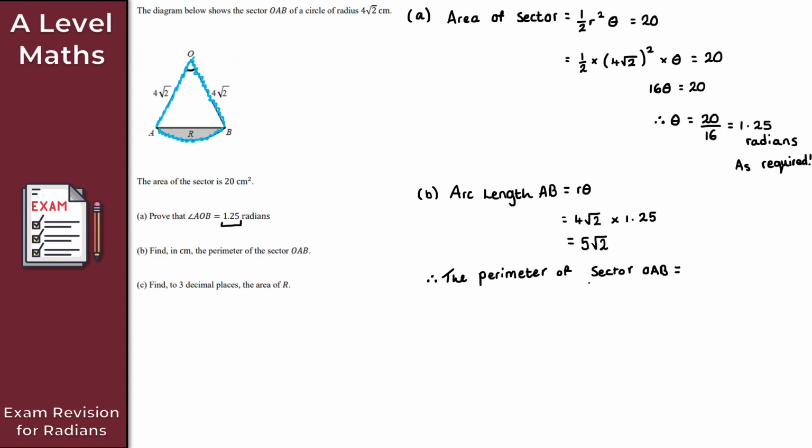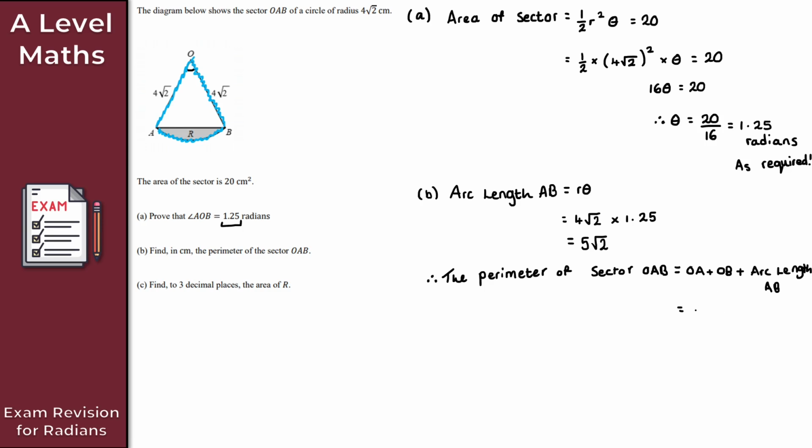So let's make a note of that here: OA plus OB plus the arc length AB. Clearly, you don't need to go into quite as much detail as I'm doing here. I just want to show you all the steps of my working as I go through the question.